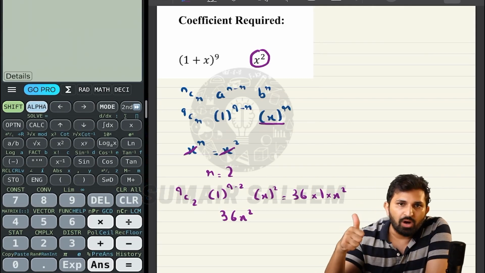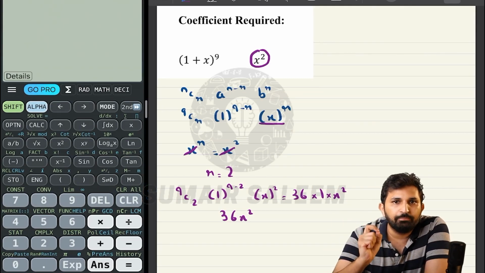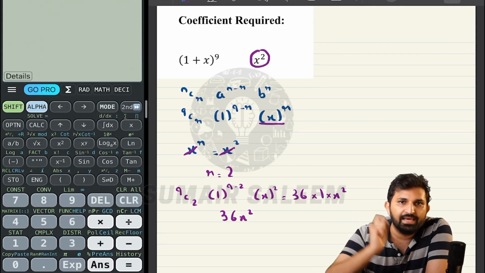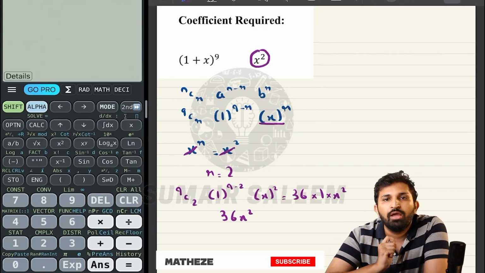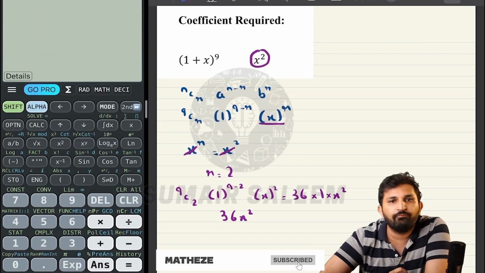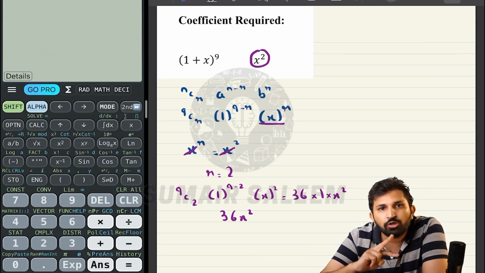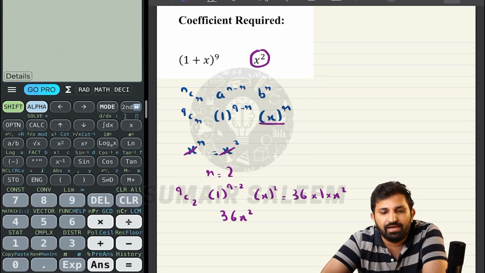Guys, required term में r is 1 less. Middle term is only possible if the power is even and r is what? n upon 2. When any coefficient is required, write down the entire formula and let r be r only.